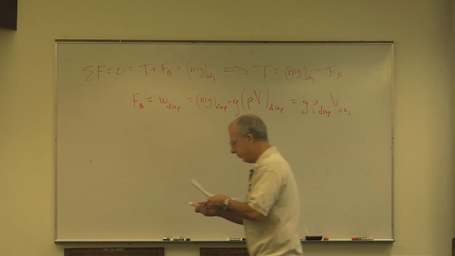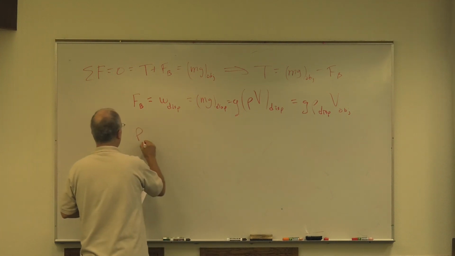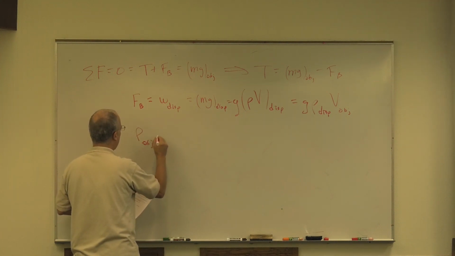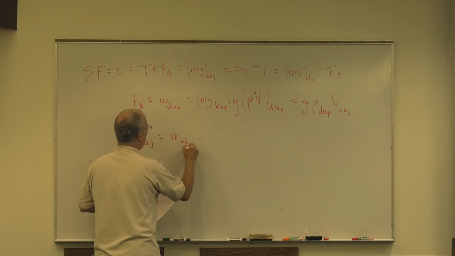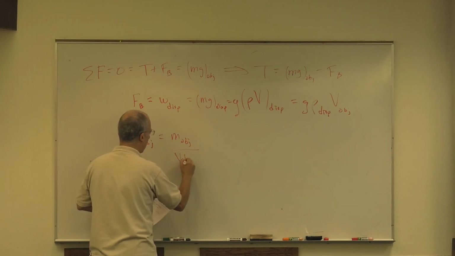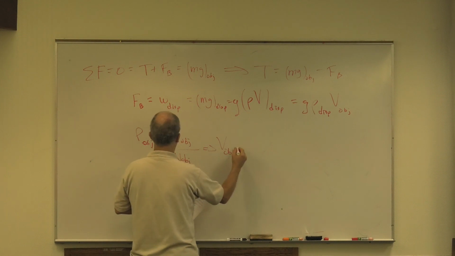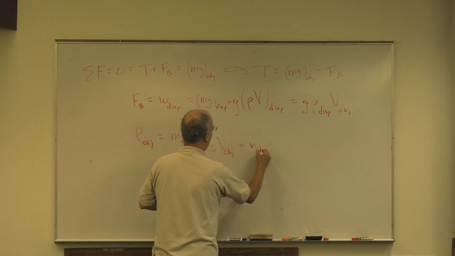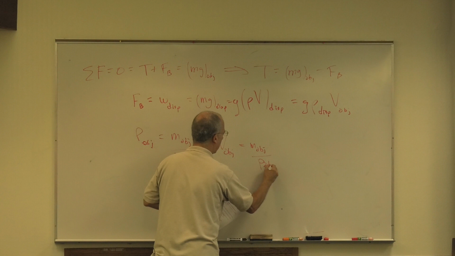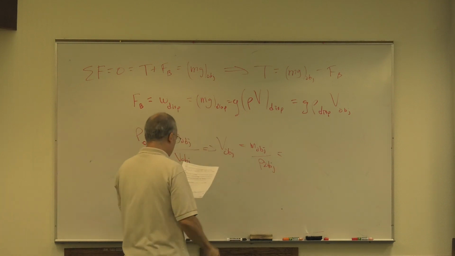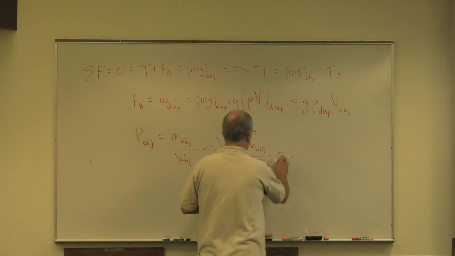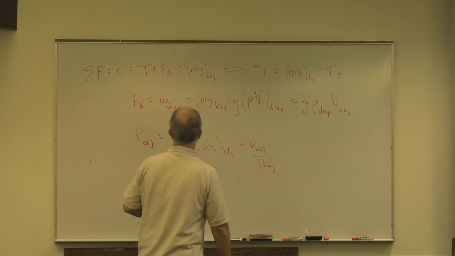So that's good. The density of the object equals the mass of the object divided by the volume of the object. Therefore, the volume of the object equals the mass of the object divided by the density of the object. Great! So we're making good progress.